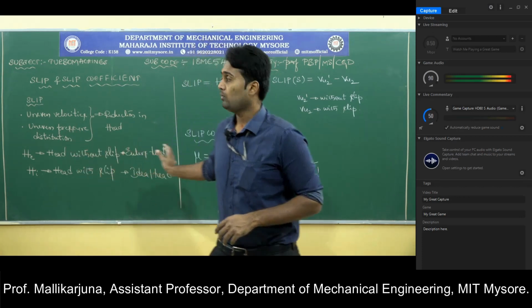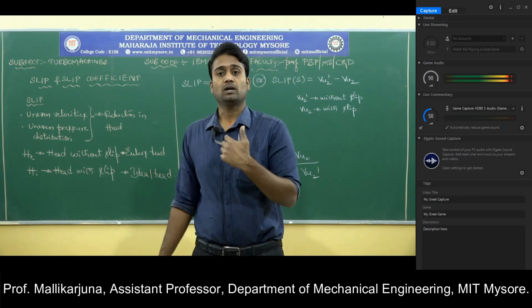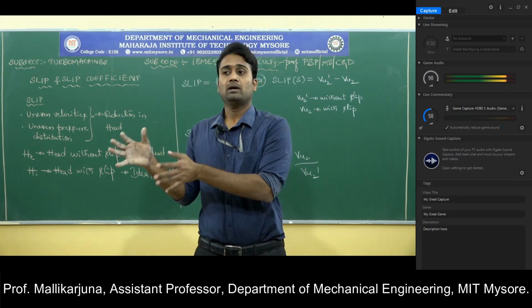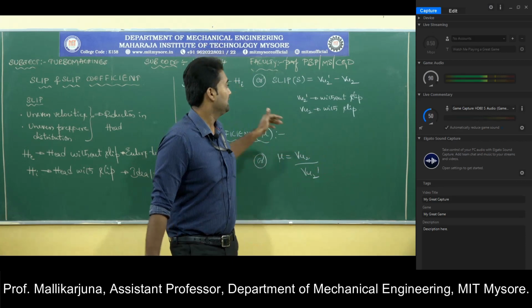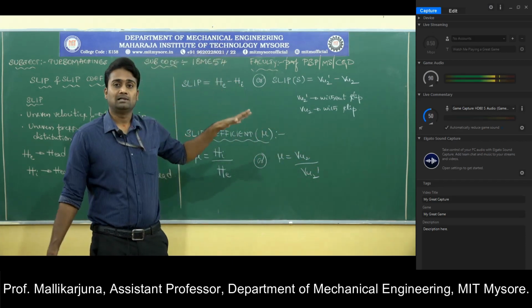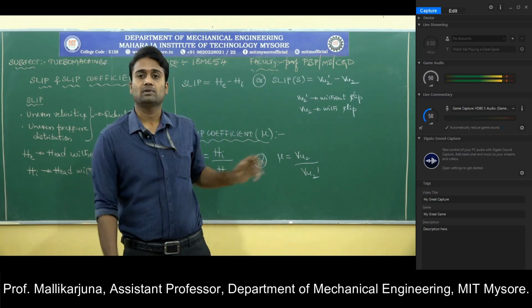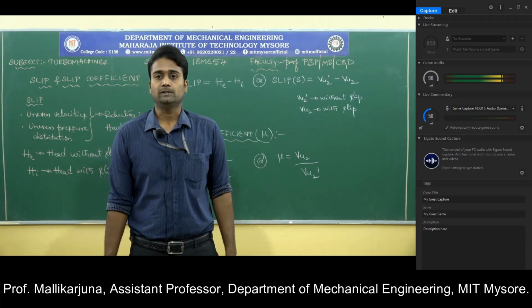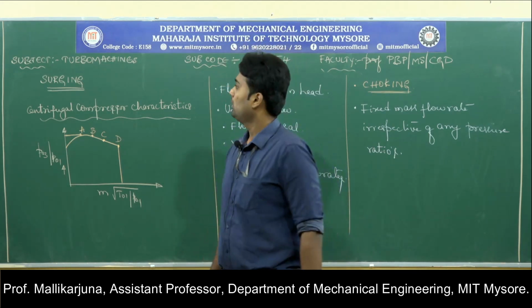But from now onwards, slip plays a huge role in defining the work transfer or energy transfer. Wherever I come across the energy transfer equation, I will include the term for the reduction in the velocity due to slip, the slip factor as well as the slip coefficient.